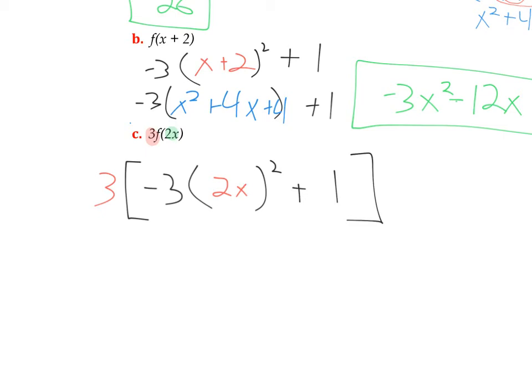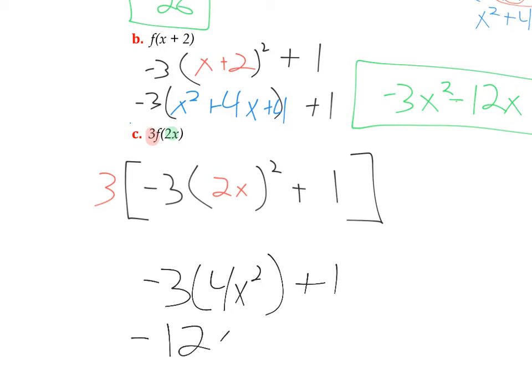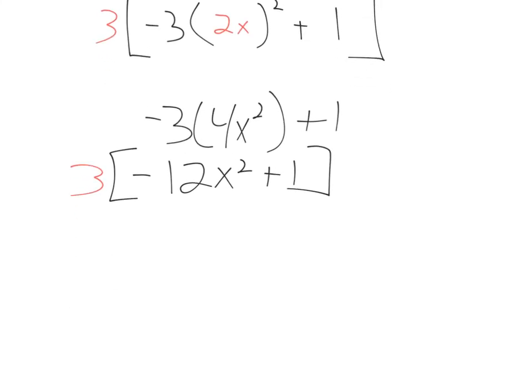So this is going to be -3 times 4x squared plus 1, so -12x squared plus 1. But don't forget, we have to multiply that whole thing by 3 because this guy was coming along for the ride. So when we do that, we will get -36x squared plus 3.